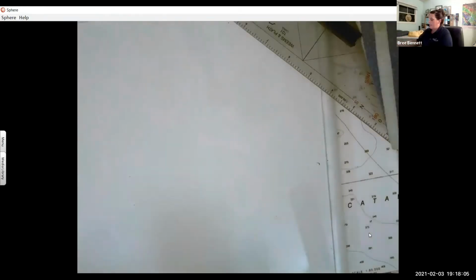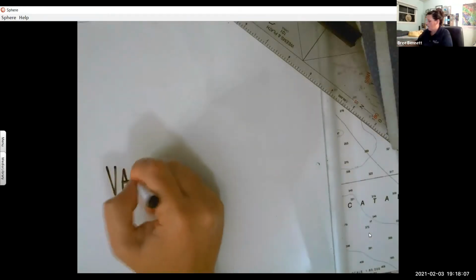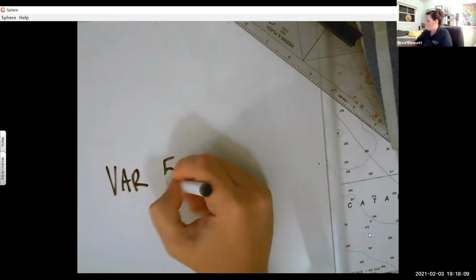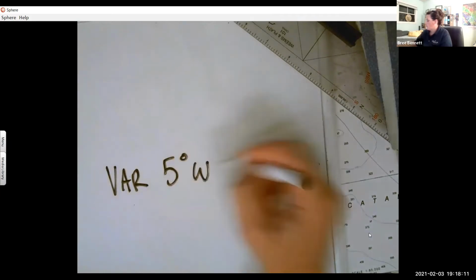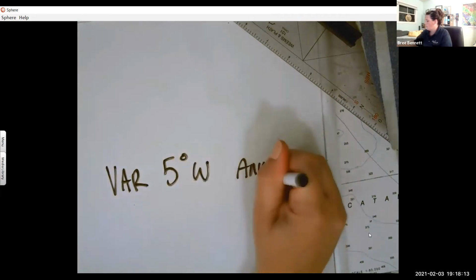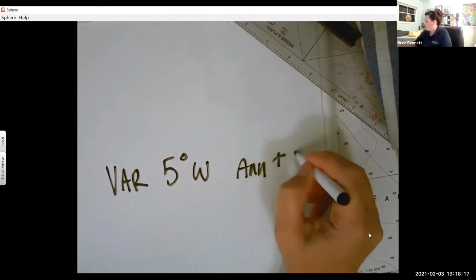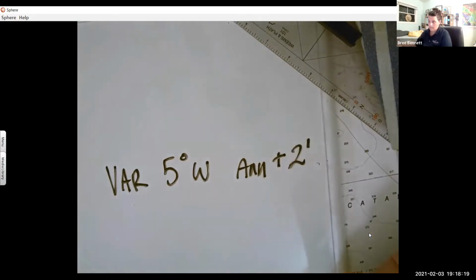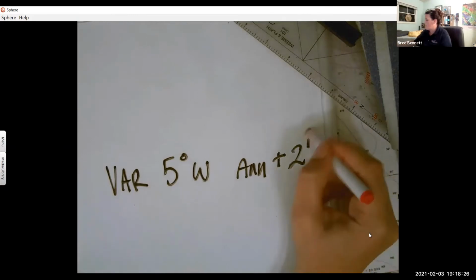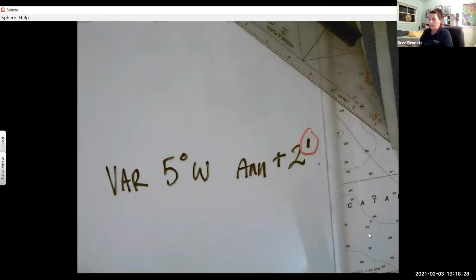So if we had a variation of 5 degrees west with an annual increase of 2 minutes, your annual decrease or increase is going to typically be in minutes, a very small amount, right? There's 60 minutes in a degree.